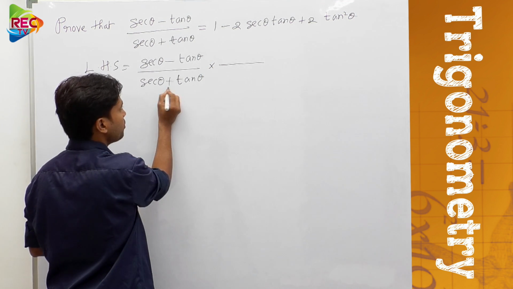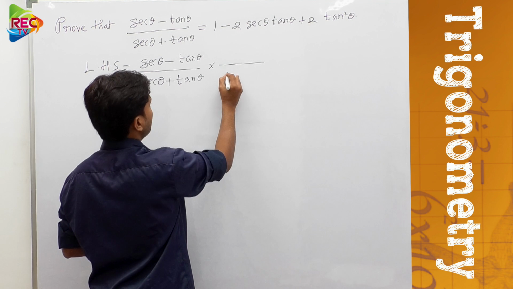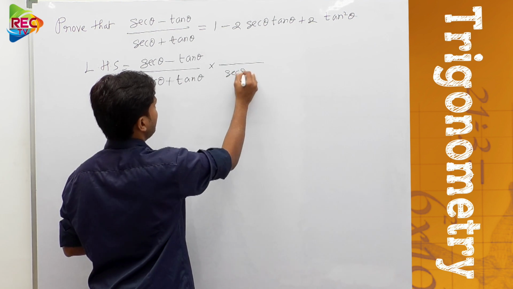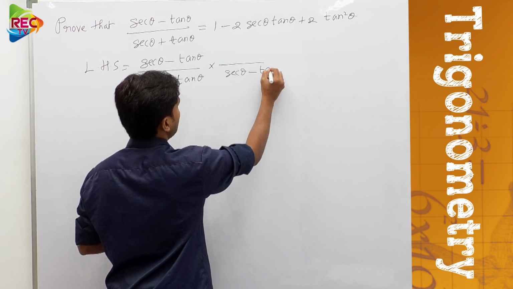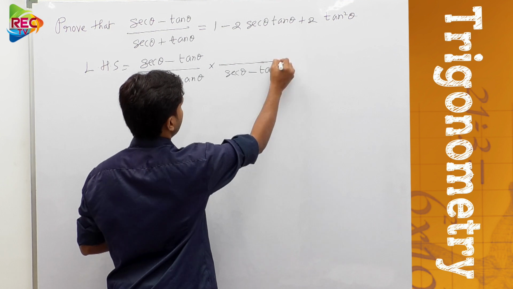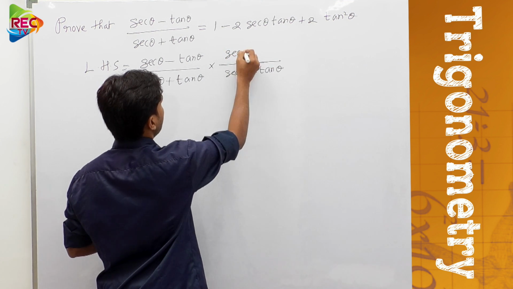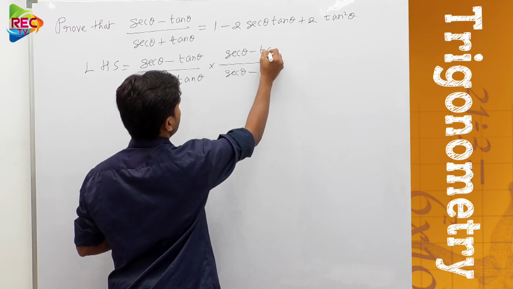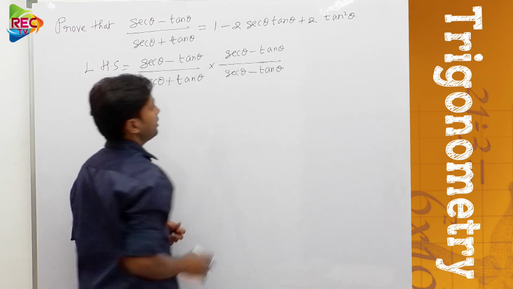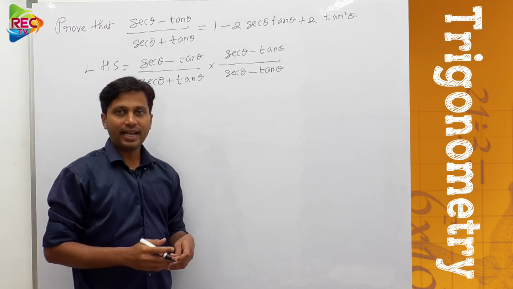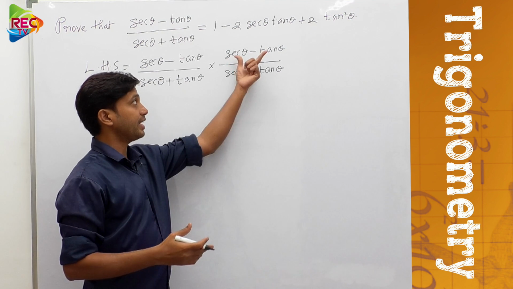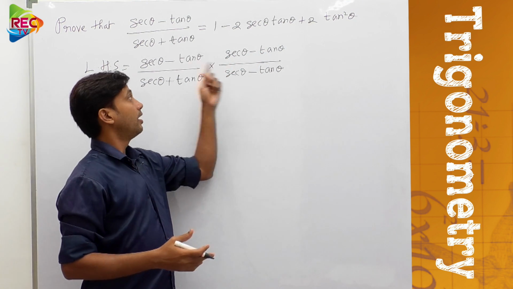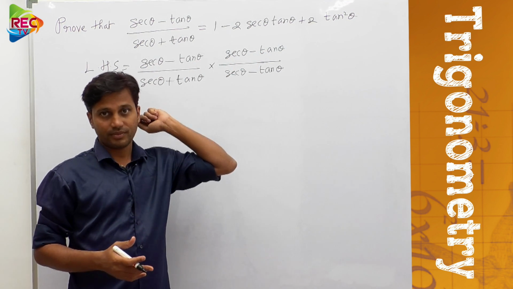Here this is plus, no, we are taking minus. So that is secant theta minus tan theta, this is also secant theta minus tan theta. So we have multiplied and divided with the secant theta minus tan theta to this expression, right?